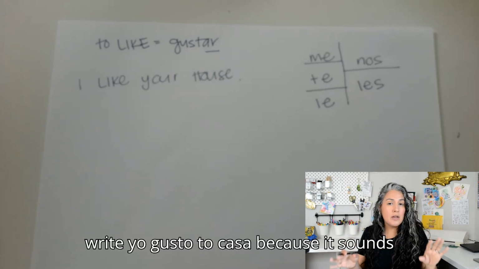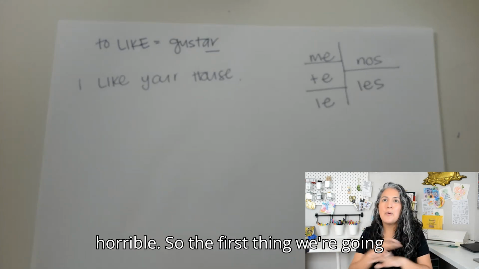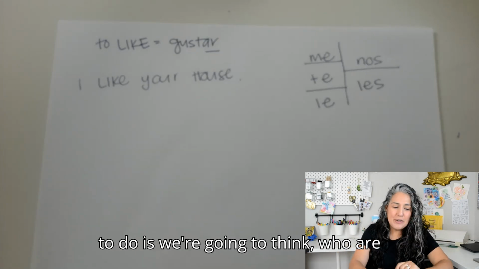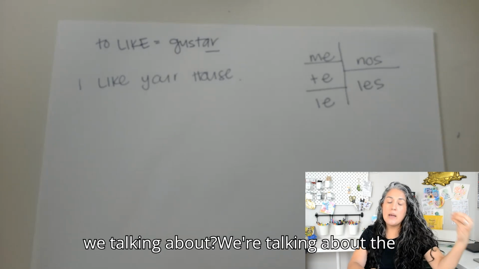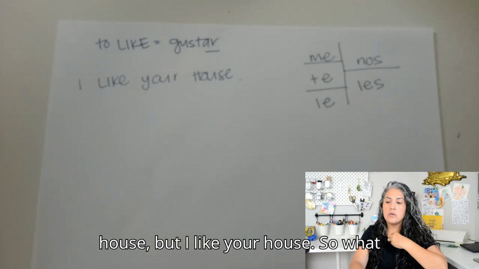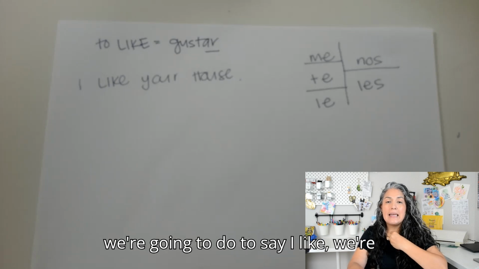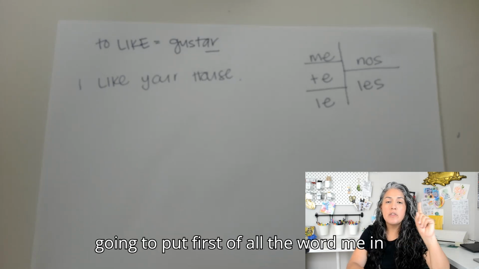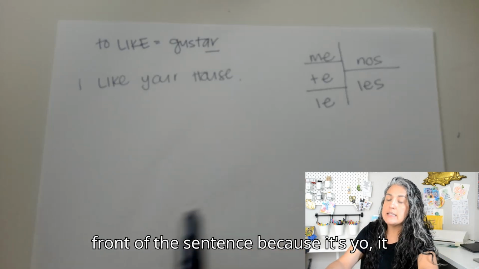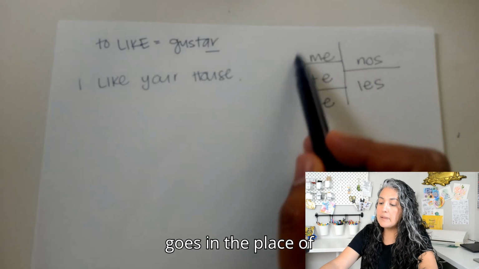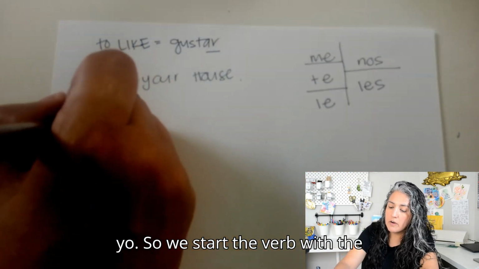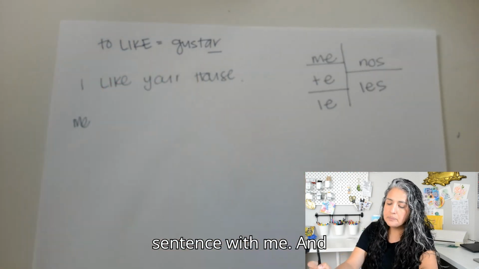I'm not even going to write yo gusto tu casa because it sounds horrible. So the first thing we're going to do is think, who are we talking about? We're talking about the house, but I like your house. So to say I like, we're going to put, first of all, the word me in front of the sentence because it's yo. It goes in the place of yo. So we start the sentence with me.